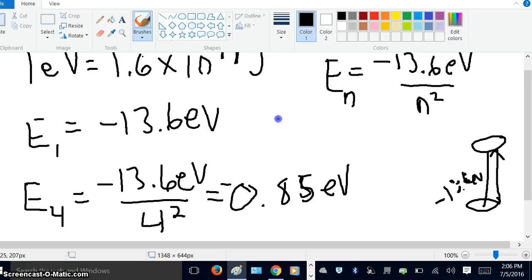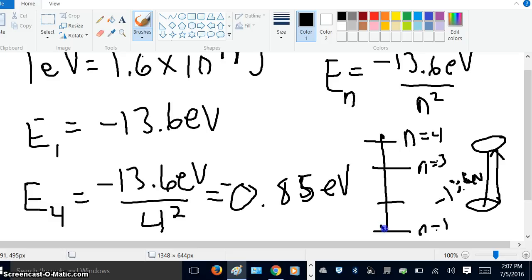So let's draw a little picture to imagine what's going on. This is the n equals 4. So the electron is right here. Then there's the n equals 3, and so on, the n equals 2, and then the n equals 1. What the electron is doing is jumping from the n equals 4 in this particular situation down to the n equals 1.